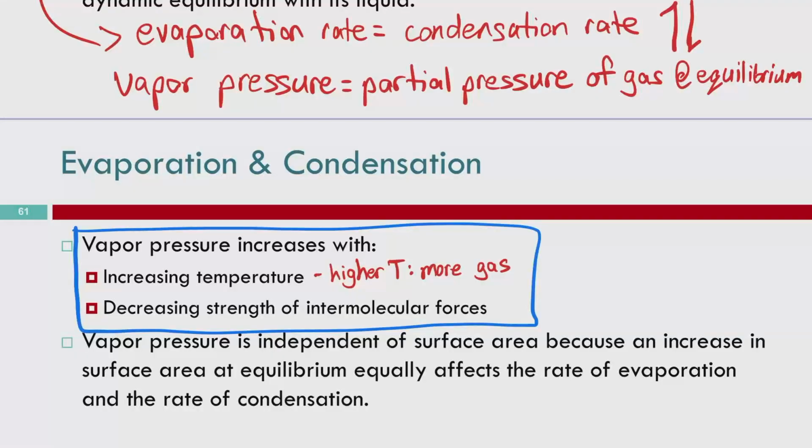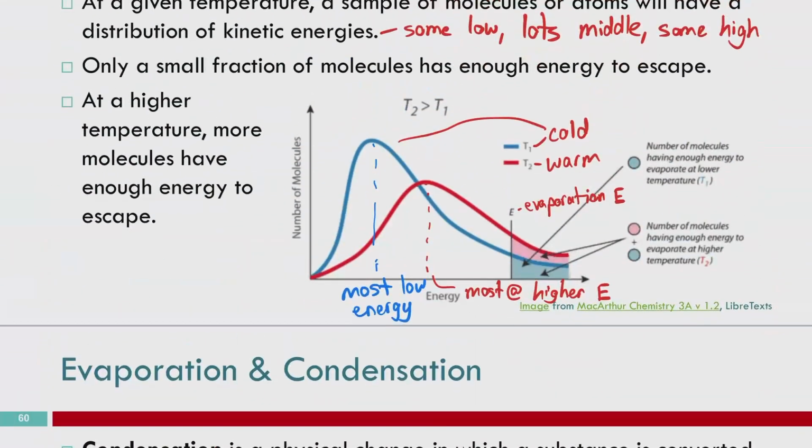So if we have a higher temperature, we're going to have more gas. We've increased the temperature so that now it's easier for those water molecules or whatever molecules to enter into the gas phase. If we look at this graph, we go from this blue line distribution, this low energy, low temperature. We've got this many particles, whatever this area is. If we increase the temperature, now we're adding all of these molecules in as well.